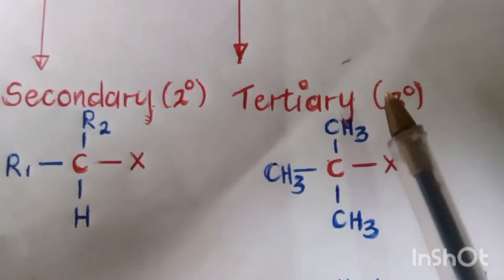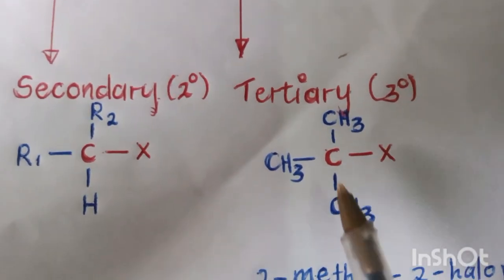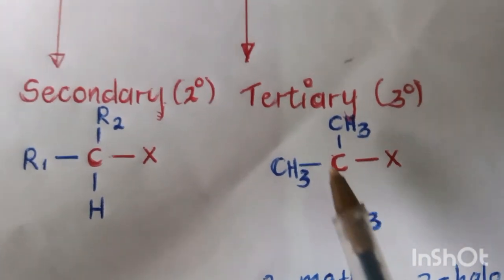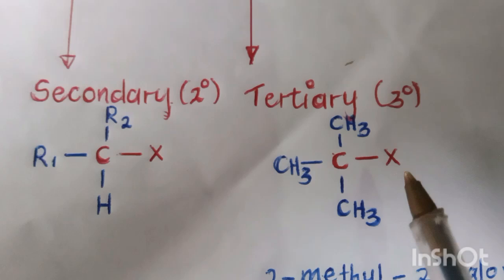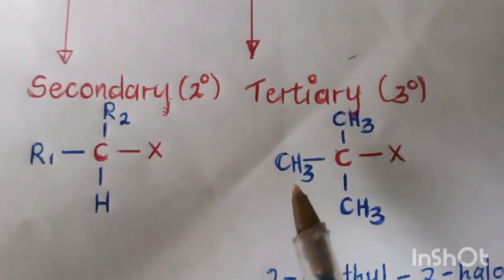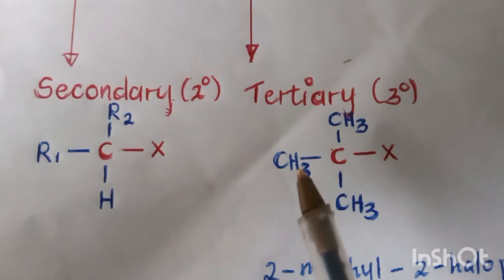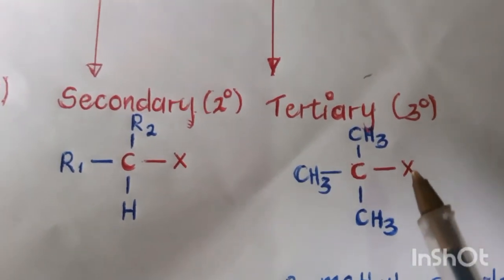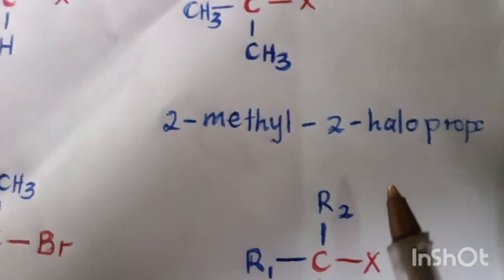Like this one, it has how many carbon atoms? 1, 2, 3. So it's still propane. But the propane now has a methyl group on the second carbon and the halogen. So we're going to write 2-methyl-2-chloropropane.